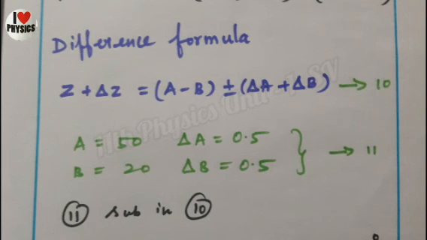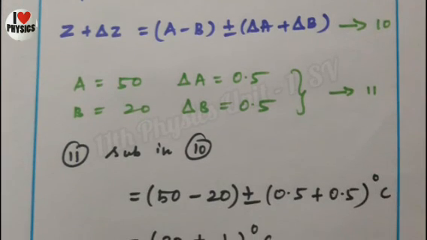Difference formula: Z plus del Z equals A minus B plus or minus del A plus del B. This is equation number 10. Already we know that A equals 50, B equals 20, del A is 0.5 and del B is 0.5. This is all equation number 11.